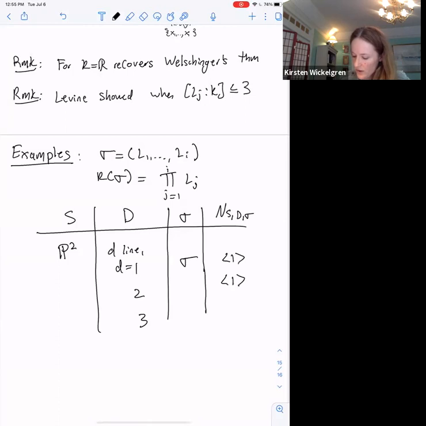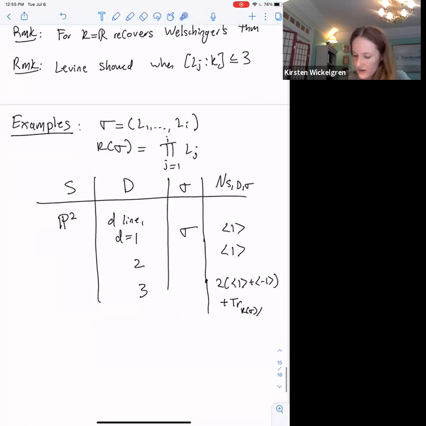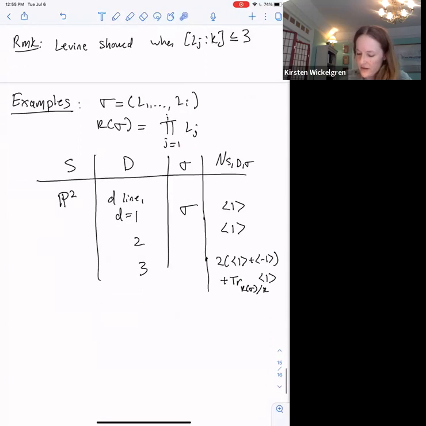We get 1, 1, and then 2 times the hyperbolic form, 1 plus negative 1, plus the trace form of this algebra, which we could also write as the transfer. So the classical trace forms on all of these extensions added together.